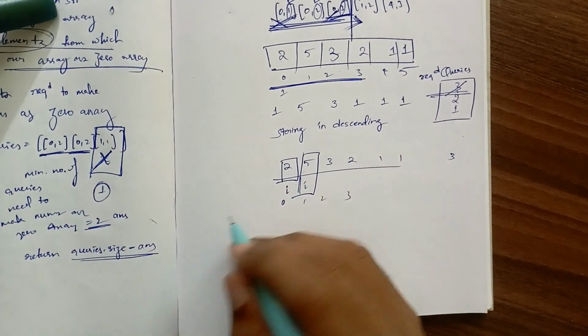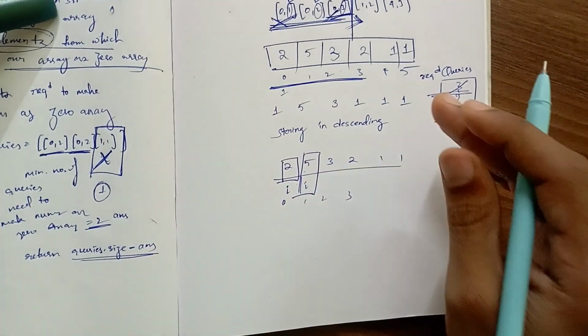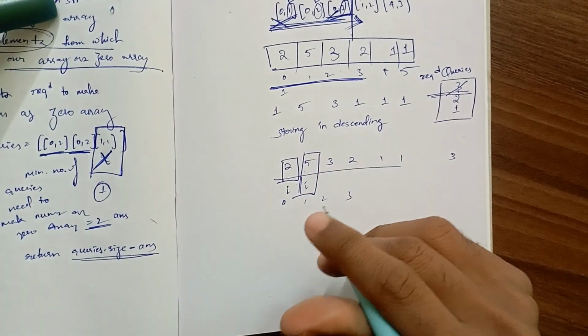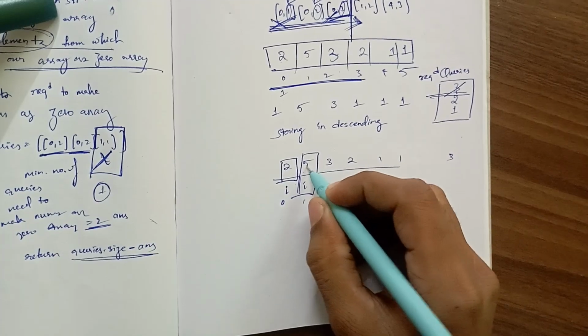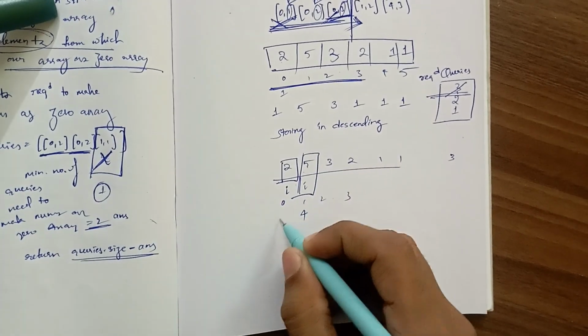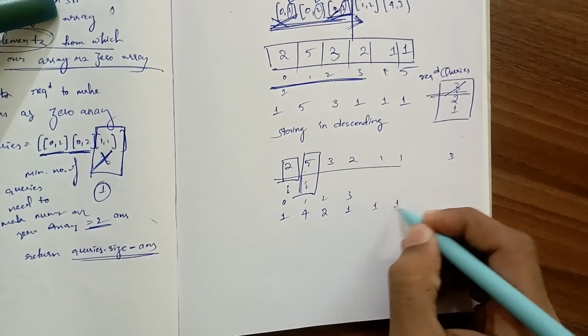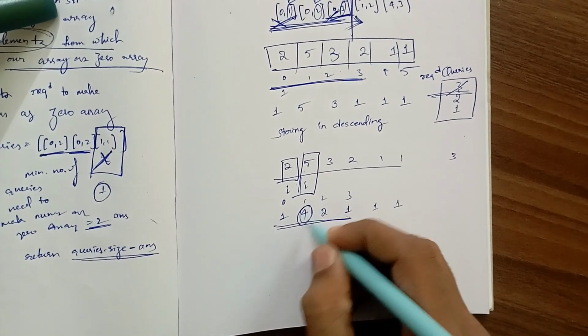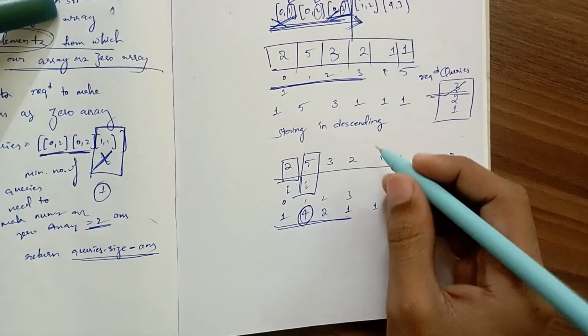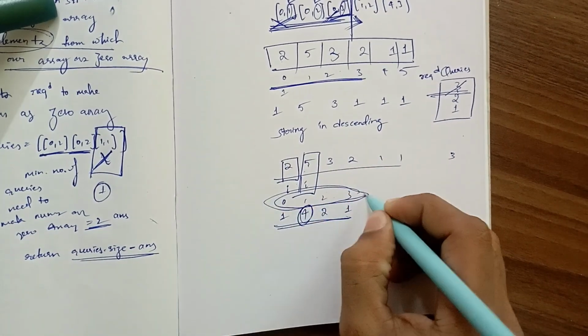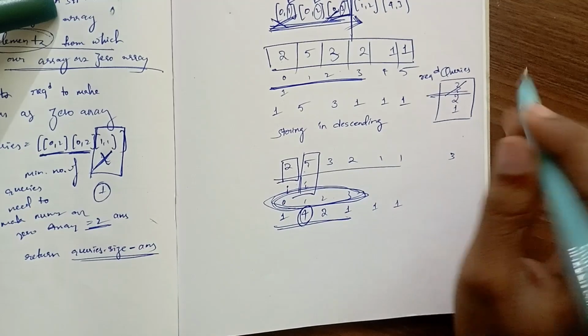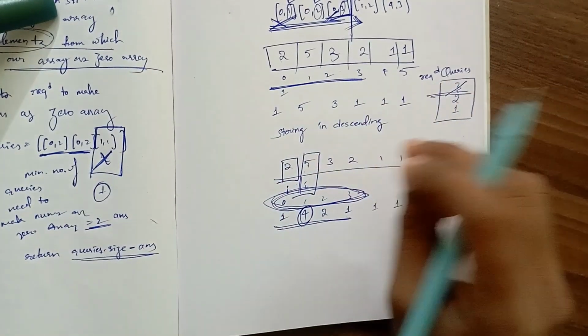Here there is no need to consider again for i equal to 1, because it is already decreased to 4. That means the range you got will be reduced.